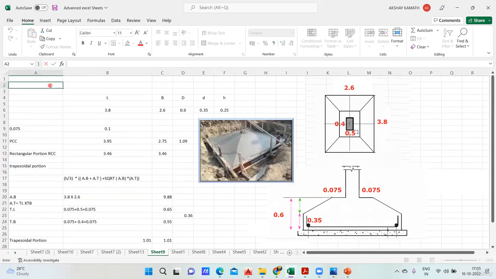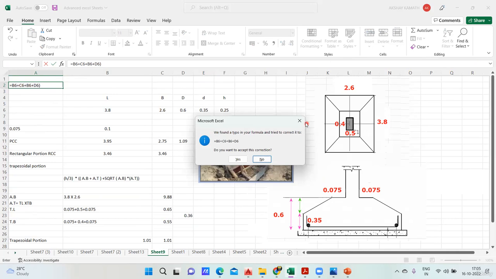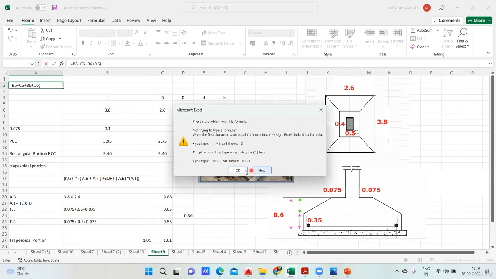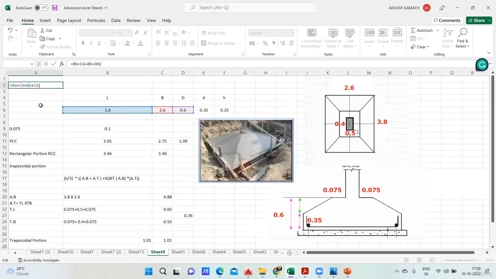Equal to sign. My length is 3.8 plus 2.6 plus 3.8 plus 2.6. Okay, so you multiply this by, I'll close this bracket, then I'll multiply by the depth. So depth is how much?